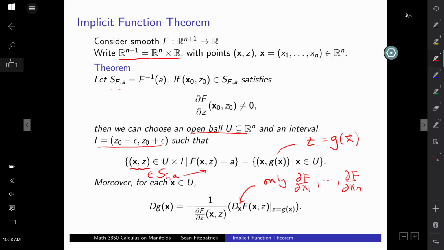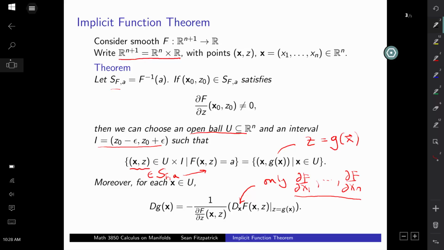The whole derivative would also include df dz. We're leaving that one out. We're including the first n partial derivatives. And if I want to calculate the corresponding partial derivatives for g, I take these partial derivatives, I multiply by -1 over that final partial derivative, and that gives me the g derivatives. Okay, so that's what the implicit function theorem is saying, right?